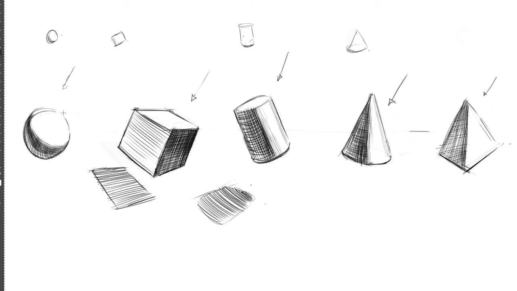Okay, so I've got core shadow, reflected light. I'm going to do a turning edge, turning out into the light. Just going really light and gently gradating over to the light.